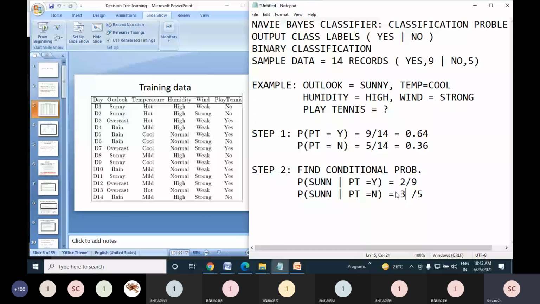So the conditional probabilities for outlook value sunny with respect to yes and no are 2 by 9 and 3 by 5 respectively.